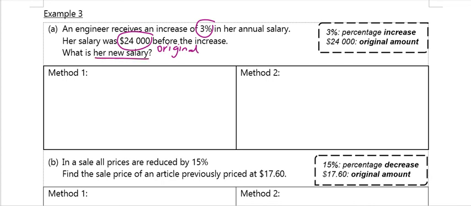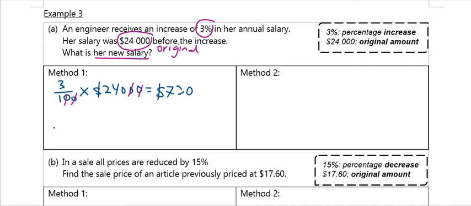So method number 1, what I mean is you have to take the percentage of the original amount. So here you have 3%, 3 out of 100, times $24,000. So what you're going to have is $240 times 3. You will have here $720. Right.